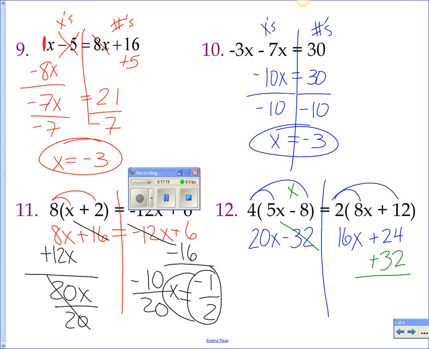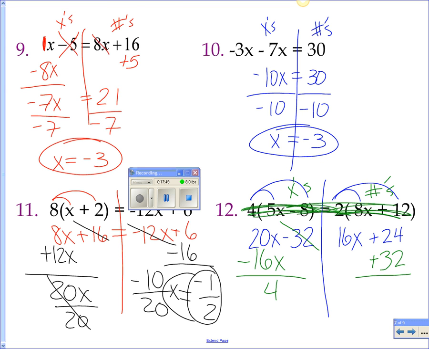So think about it. X's have to be over here, numbers over here. So is there something that's on the wrong side? So look, Steven, right here I multiplied by 4, and I got that. Does that make sense? Okay, and then I multiplied by 2, and I got this. So now I don't care about any of that. So the 20x stays, but the 16x, since this is an x, it has to come over here. Okay.